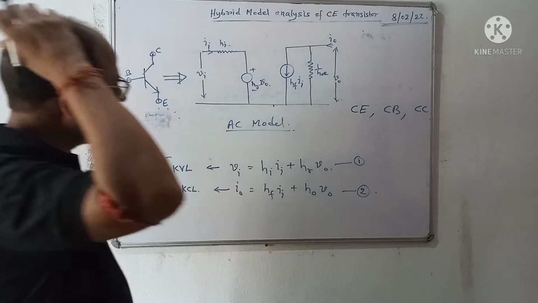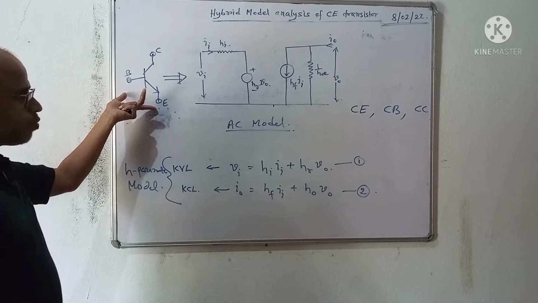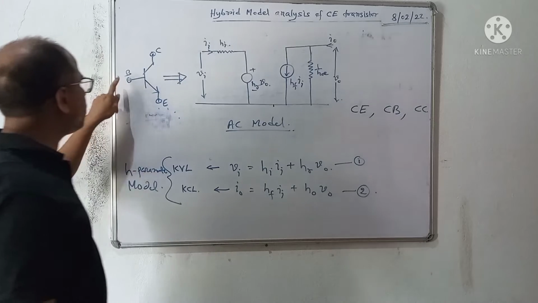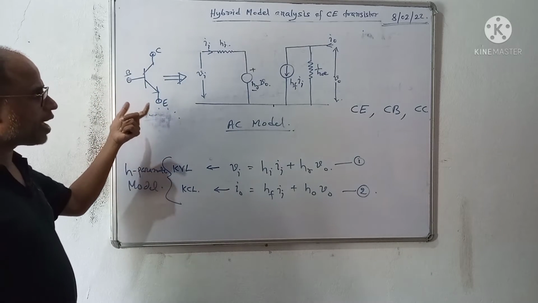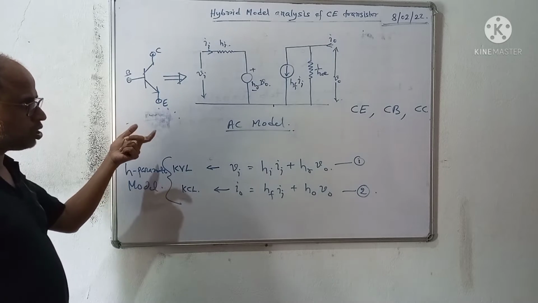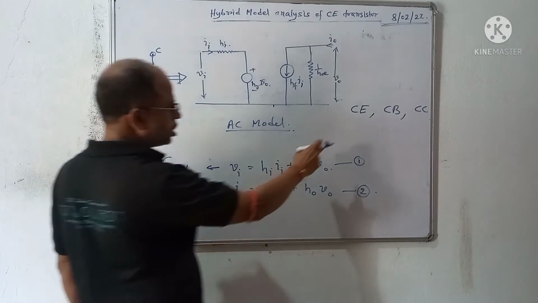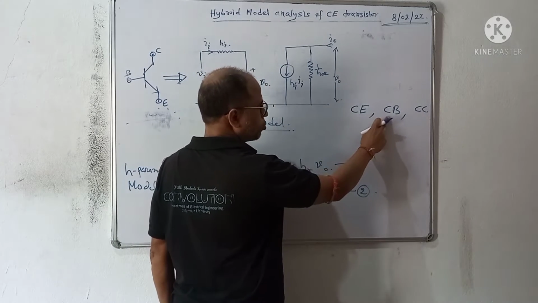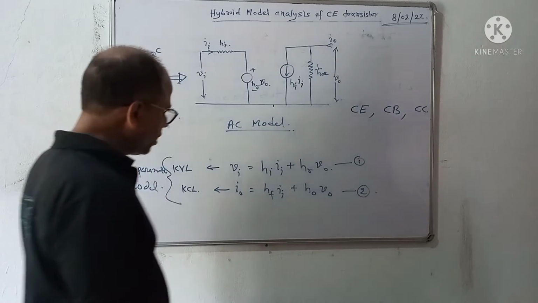Because the transistor is a two-port network with three terminals, emitter, base, and collector, one terminal is used in common. If emitter is common, it is common emitter; if base is common, common base; if collector is common, common collector.